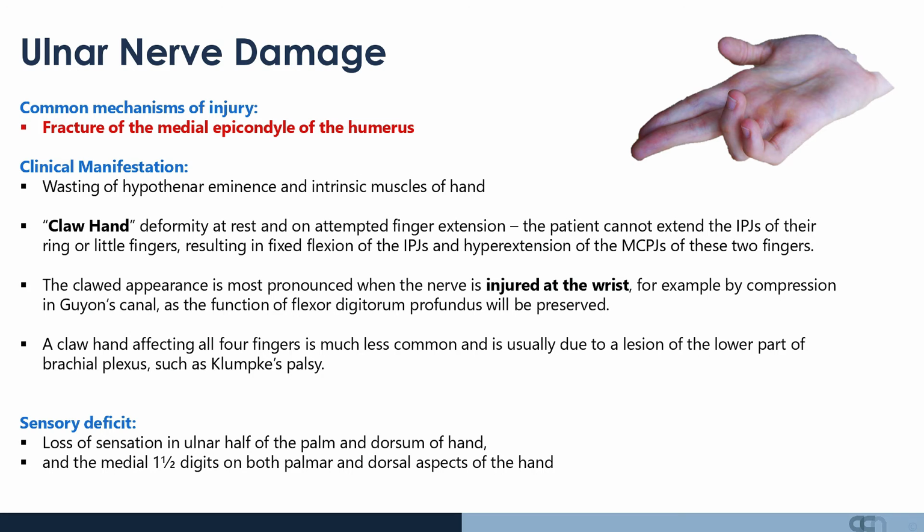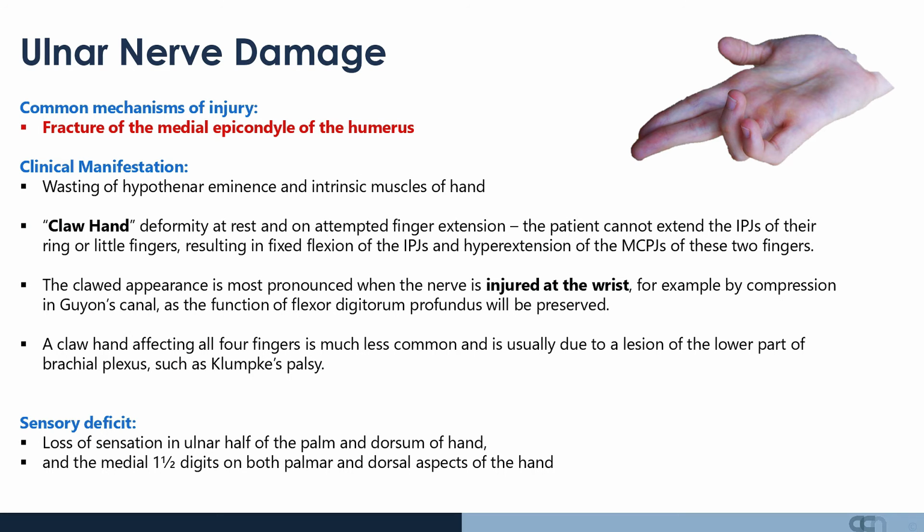This is because the patient is unable to extend the interphalangeal joints of their ring or little fingers, and this would result in a fixed flexion of the interphalangeal joints with a consequent hyperextension of the metacarpophalangeal joints. The clawed appearance is more pronounced if the nerve is injured distally at the wrist.